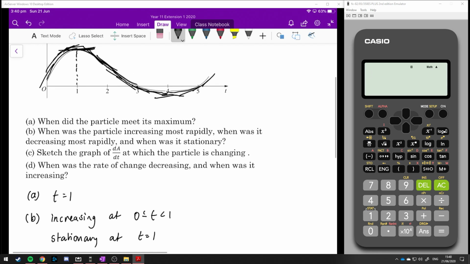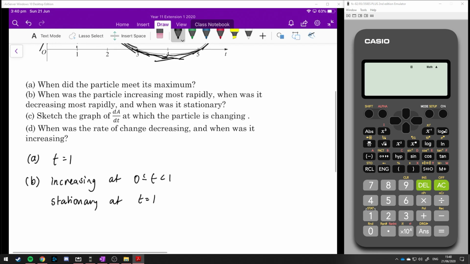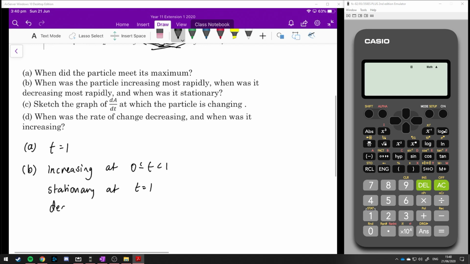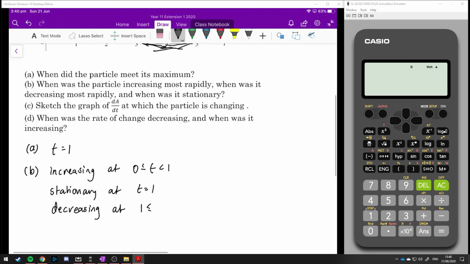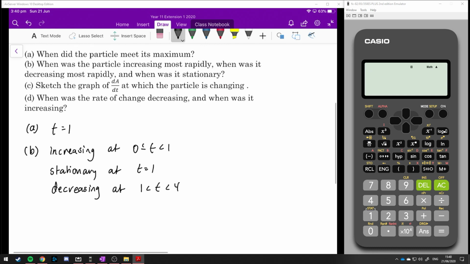Then it's going to be turning back down again, so it's going to be decreasing between 1 and 4. It keeps decreasing until it gets to 4, but it doesn't include 1 or 4, because it's stationary at those two points. It gets stationary again at 4, so stationary at t is equal to 4.